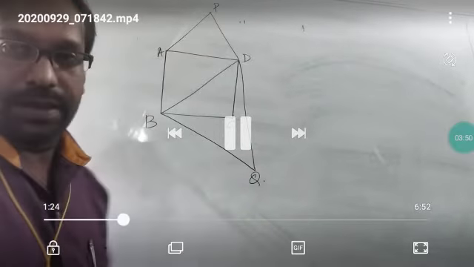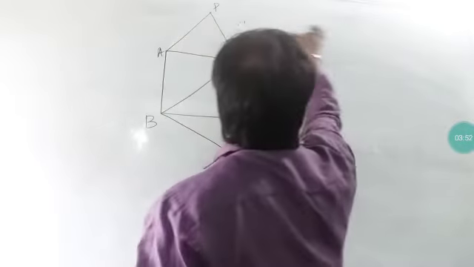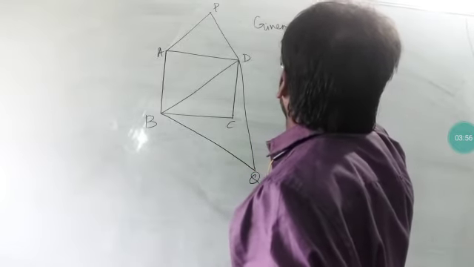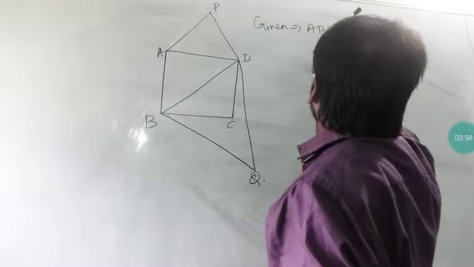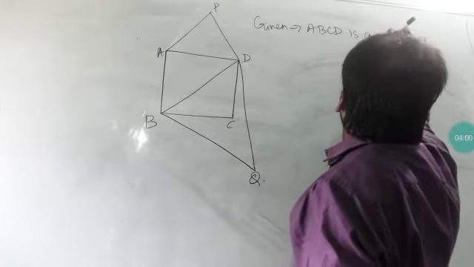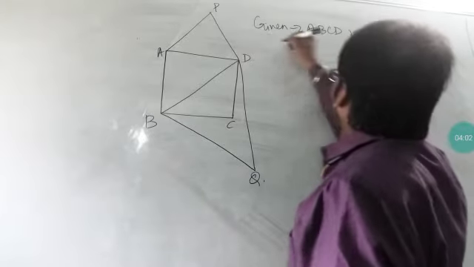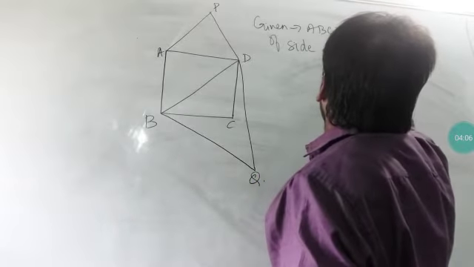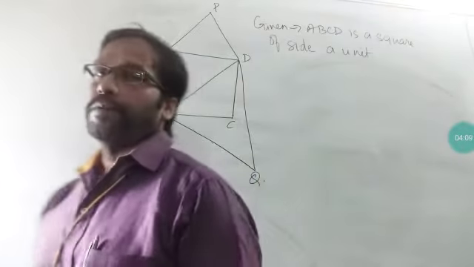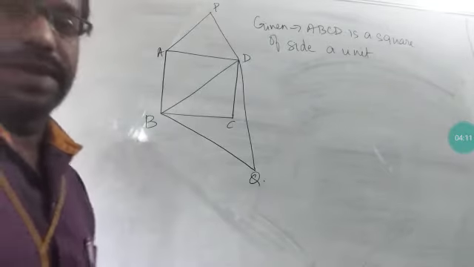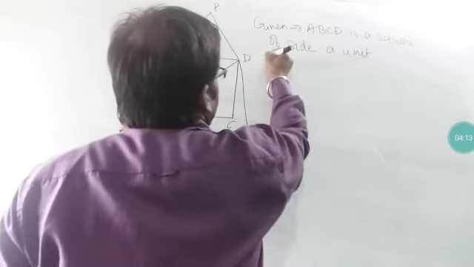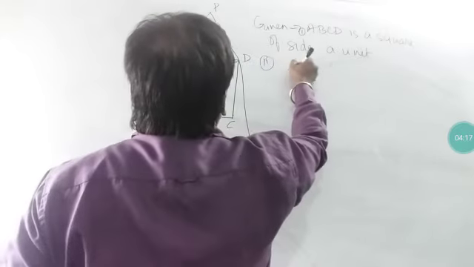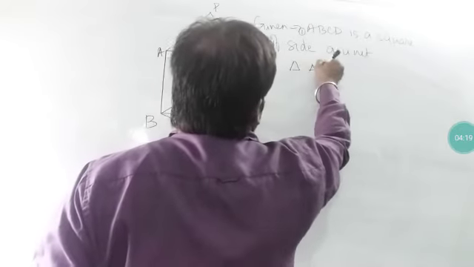First of all, it is important to know the sides of the triangles. For square ABCD, all four sides are equal, so we can take its side as A unit. On the side and the diagonal we have drawn two equilateral triangles.